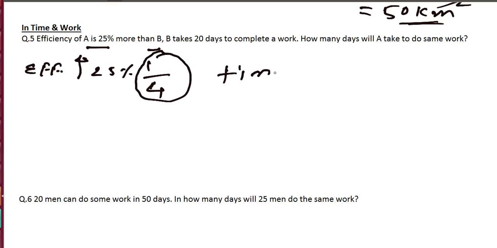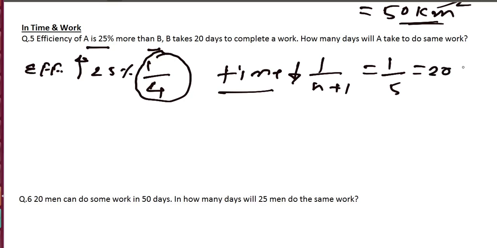Whenever two quantities are inversely proportional, if one increases by 1 upon n, the other should decrease by 1 upon n plus 1 in order to keep the product constant. So time will be decreased by 1 by 5, which is 20%.